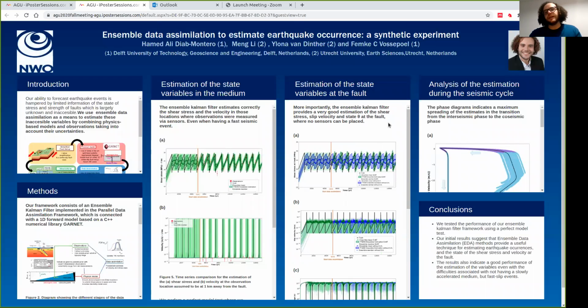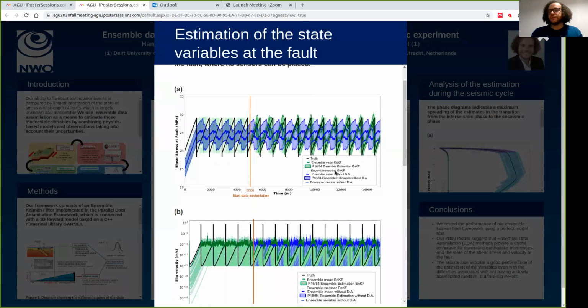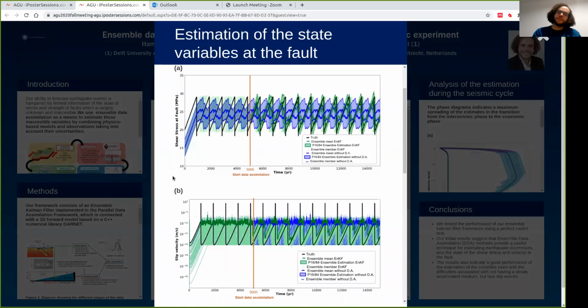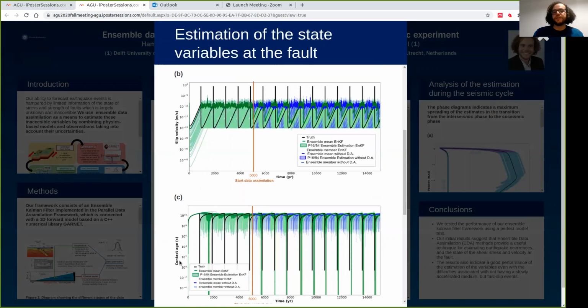Then we can look at the results of these unobservable states that we mentioned before in the seismogenic zone. So we can take a look at what is happening in the estimation of the shear stress at the fault, the slip velocity, and also the state theta.